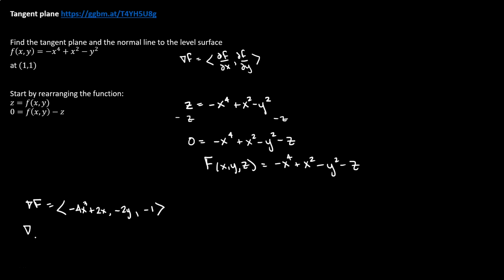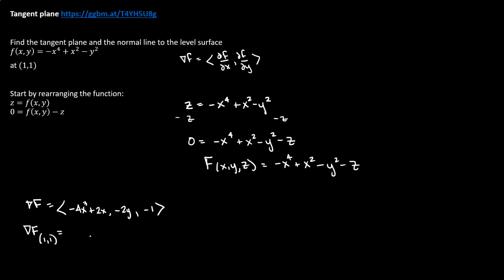If we evaluate our gradient vector for capital F at 1, 1, that's like x equals 1, y equals 1. And in this case, there isn't a z to worry about, so we don't have to worry about what z would be. However, if there were to be a z, then you would have to calculate what z is.